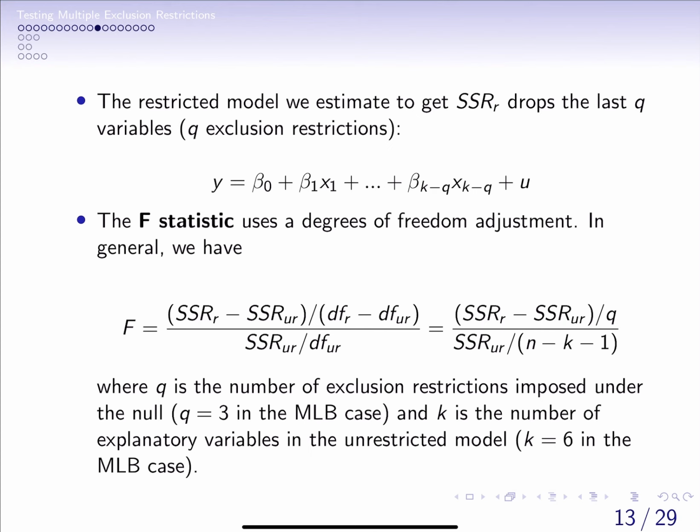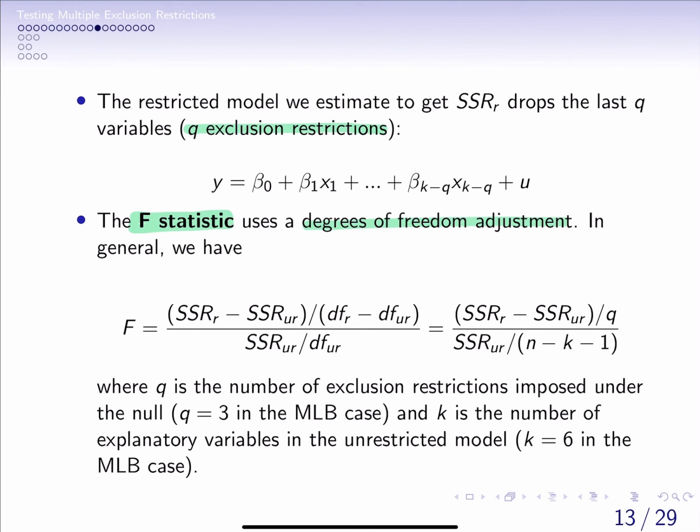So this brings us to the F statistic. And the F statistic uses some sort of a degrees of freedom adjustment. So let's take a look at what this is saying.